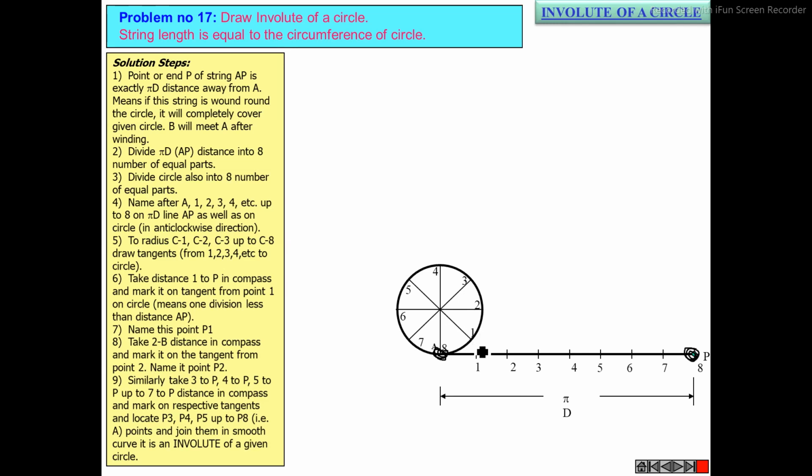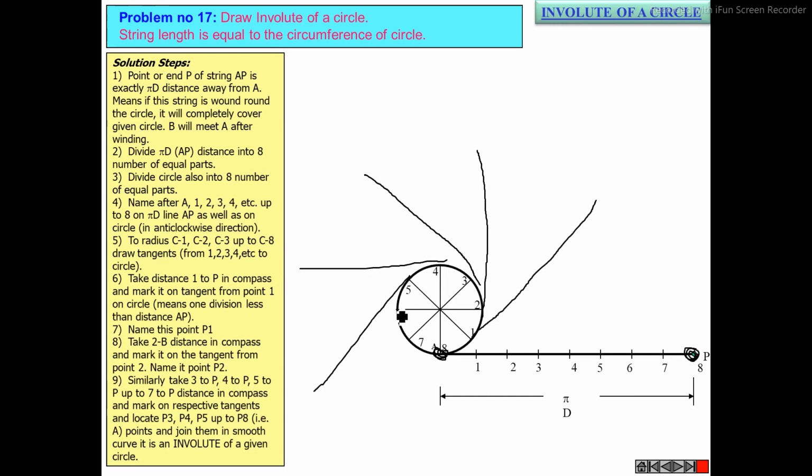You will get the remaining locus points if you draw a tangent line passing through point 1 of the circle like this, a tangent line passing through point 2, through point 3, through point 4, point 5, point 6, point 7, point 8, no need to draw, already we have drawn the tangent lines. Why are we drawing the tangent line passing through the arc points of the circle 1, 2, 3, 4, 5, 6, 7, 8?